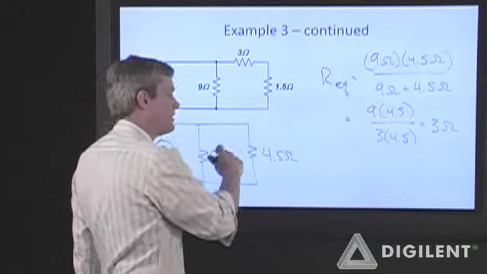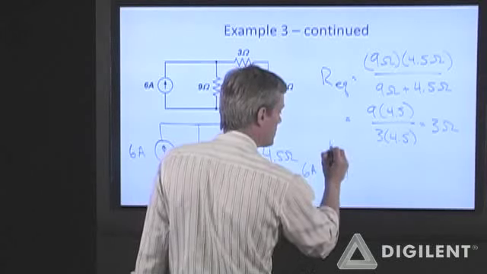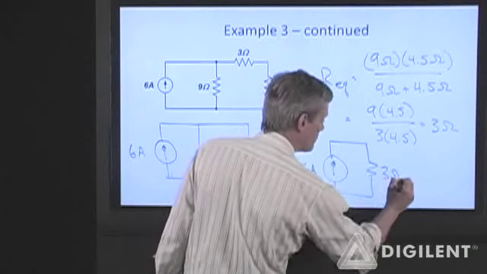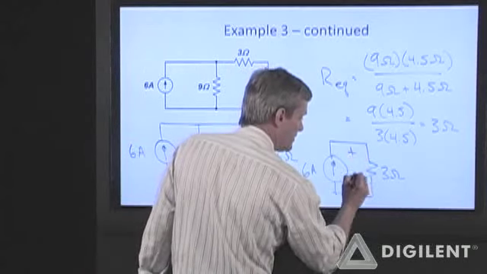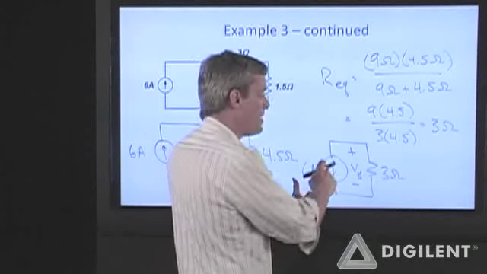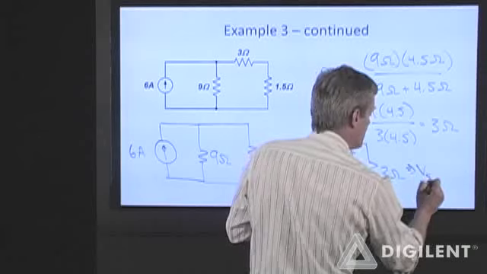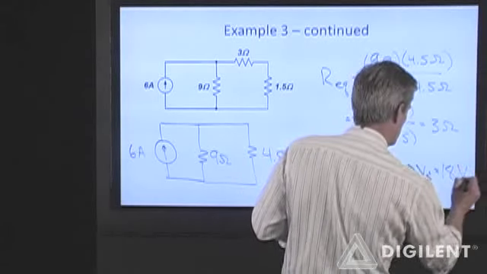Now I can rewrite this circuit as a 6 amp source going into a single equivalent 3 ohm resistor. I can determine V sub S directly from Ohm's law by multiplying the resistance times the current. So V sub S is 3 times 6, which is 18 volts.